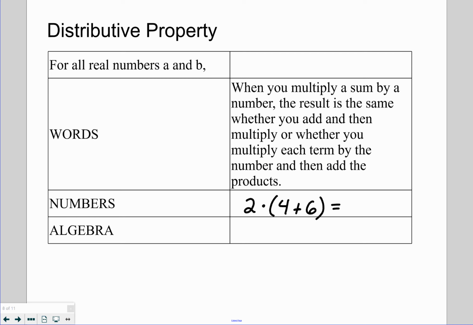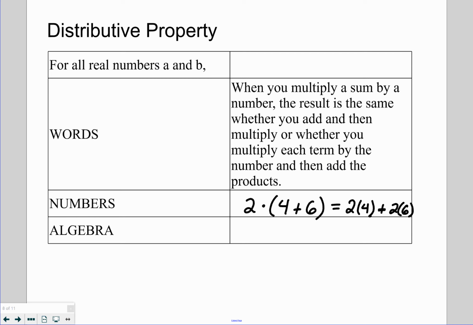And then I'm going to add those products. So 2 times 4 plus 2 times 6. I think most of you, even if it's been a long time since you've actually called it the distributive property, you use the word distribute so much in algebra that that's where it comes from. It comes from the distributive property.